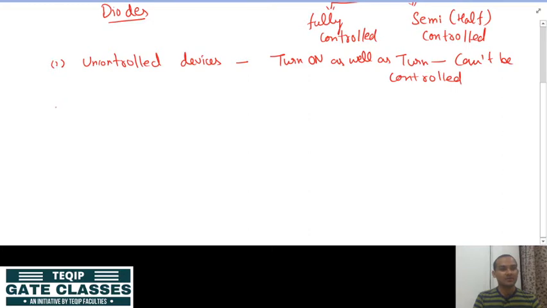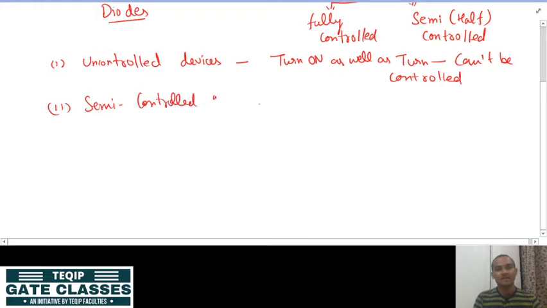But semi controlled devices are those whose turn on can be controlled, but their turn off cannot be controlled.